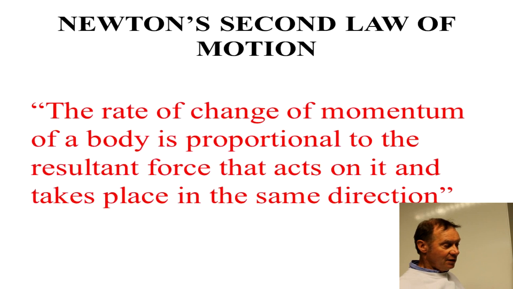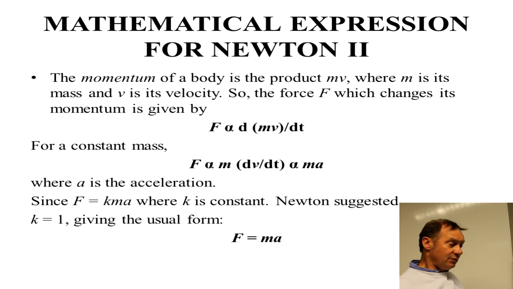Newton's second law of motion, often referred to as F equals ma, states that the rate of change in momentum of a body is proportional to the resultant force that acts on it and takes place in that direction. Mathematically, shown in this slide, the momentum of a body is the product mv, where m is the mass and v is velocity.